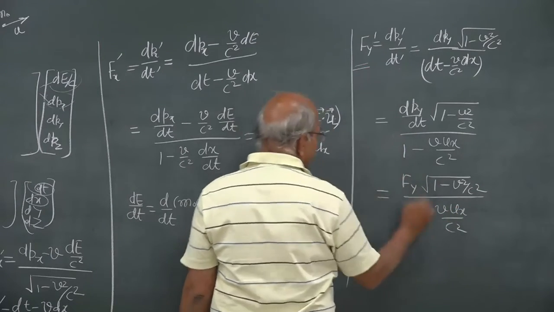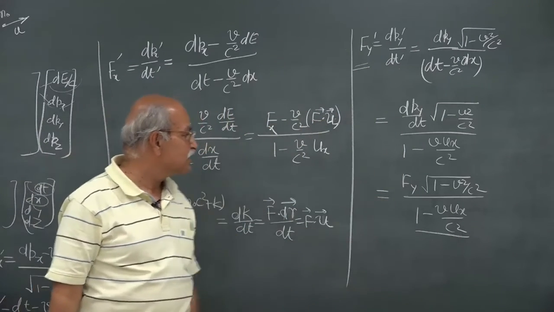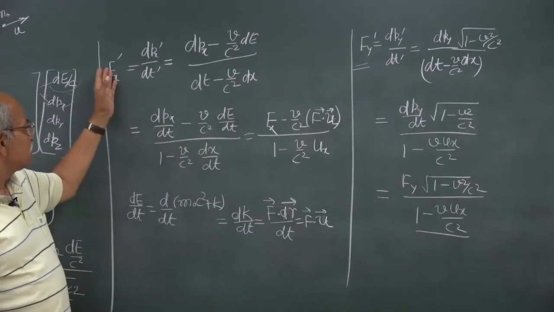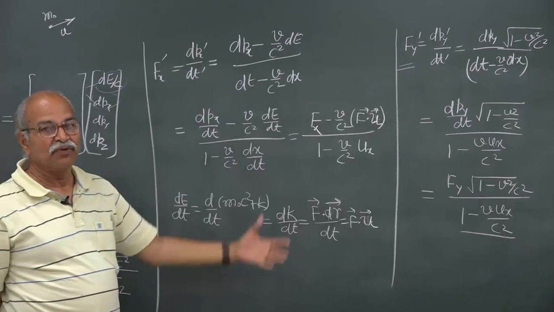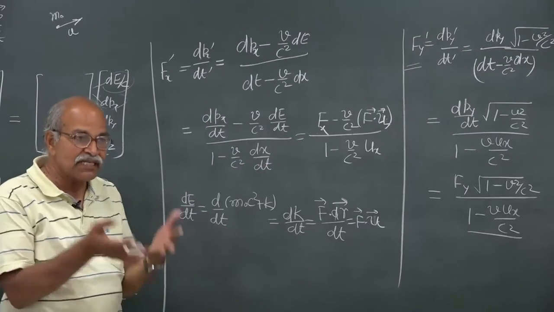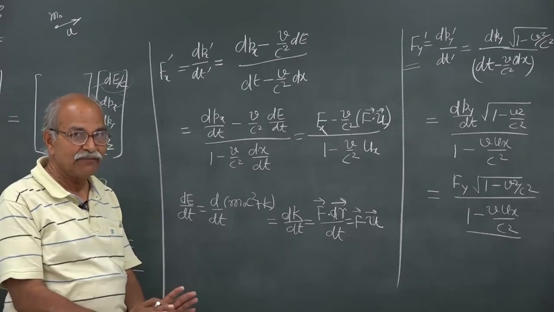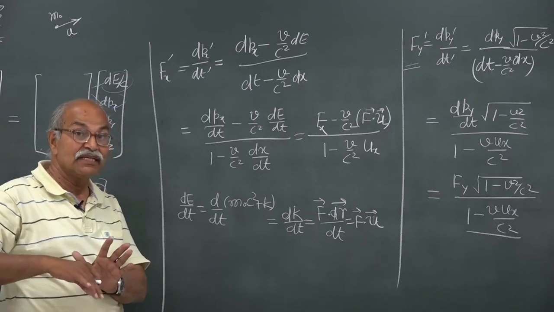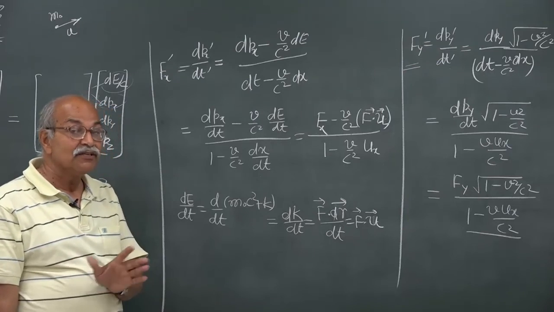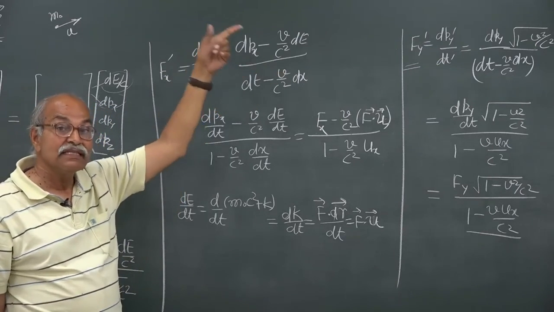So, that is how the y component will transform, the z component will transform similarly, and the x component will transform according to this. So, if you are solving problems where forces are acting, motion is there as seen from one frame, and you want the corresponding quantities in S prime frame, you have to transform forces also according to these equations.